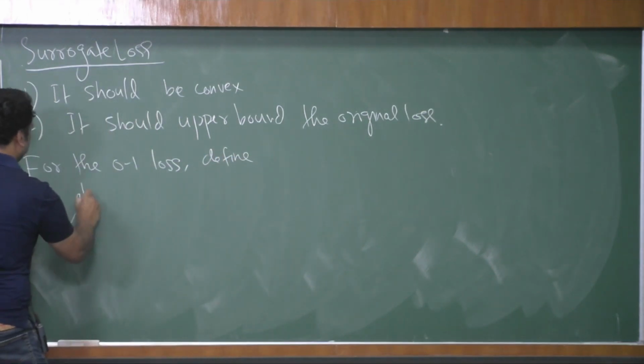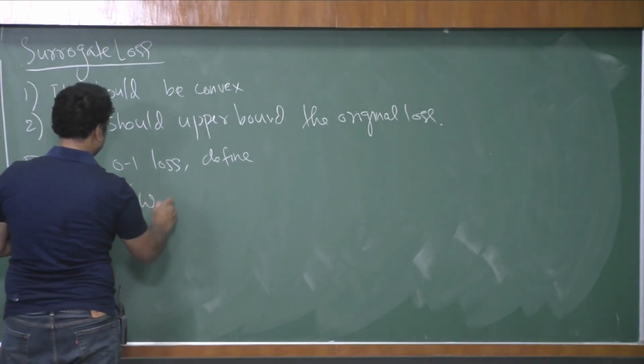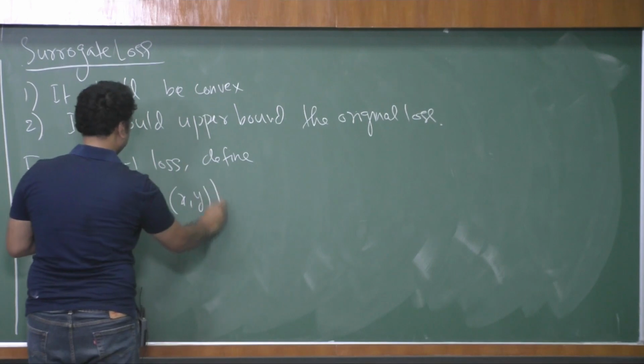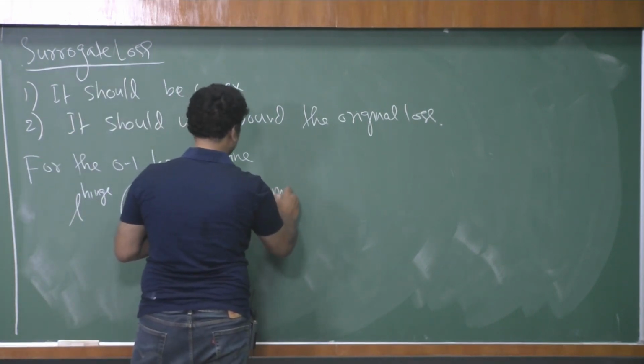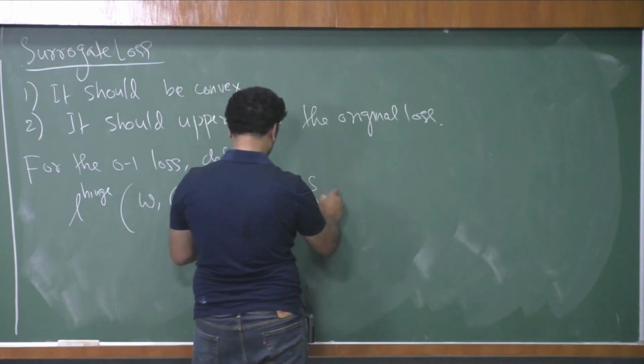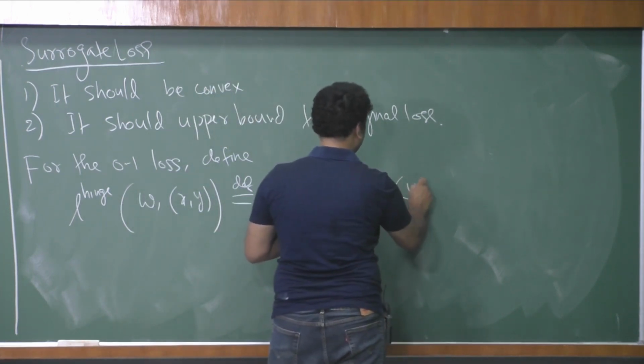So this is L hinge of W, x, y, and this is defined to be the maximum of 0 and 1 minus y w x.